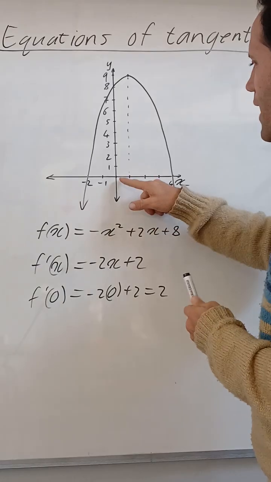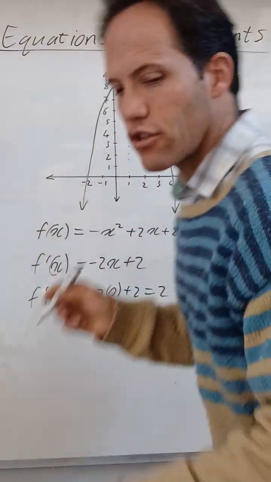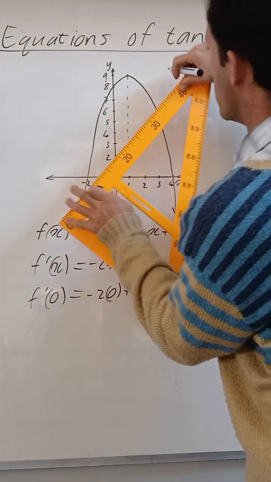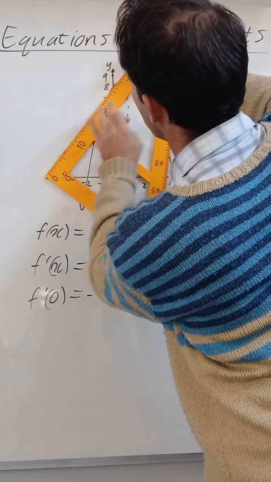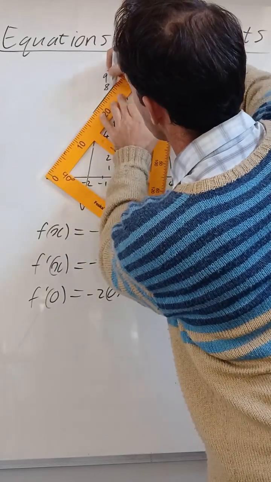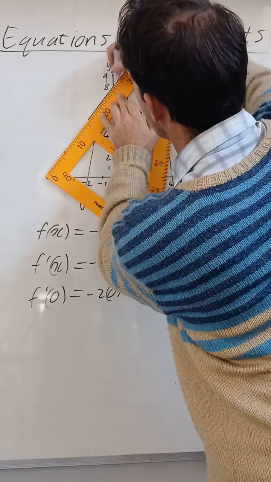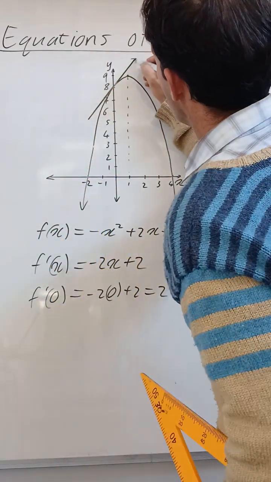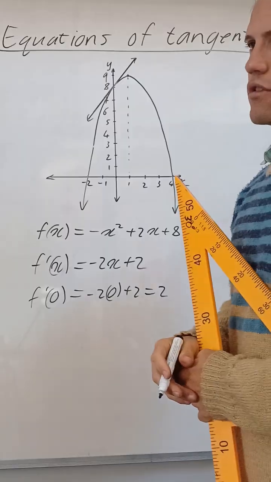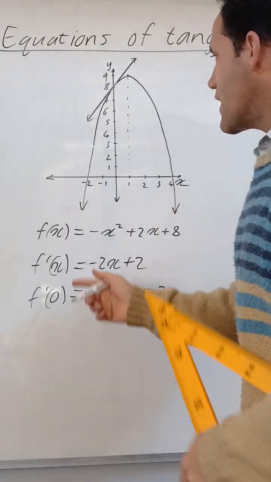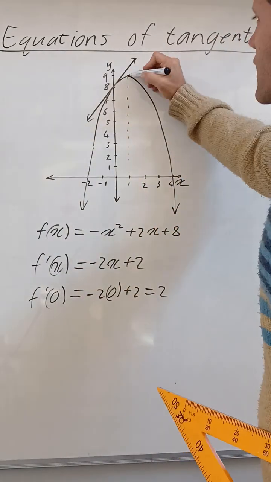So that means when I'm at 0, and I draw a line where it touches the graph only at 0, then this line must have a gradient of 2. Let's say I want to know the gradient at 1.